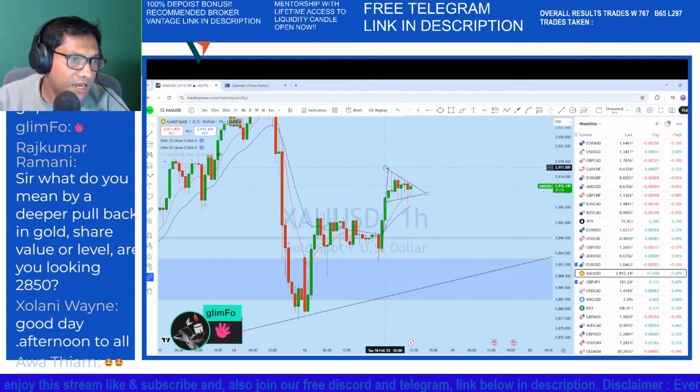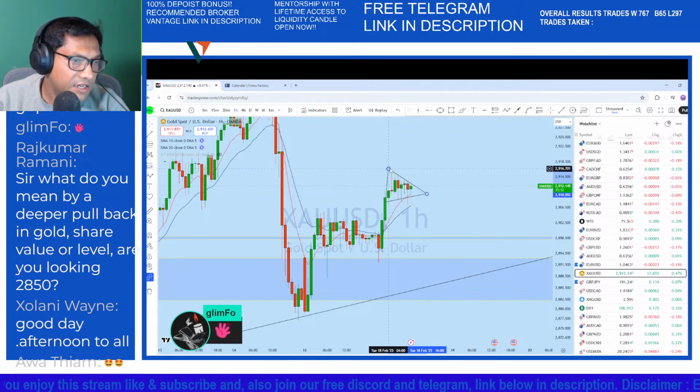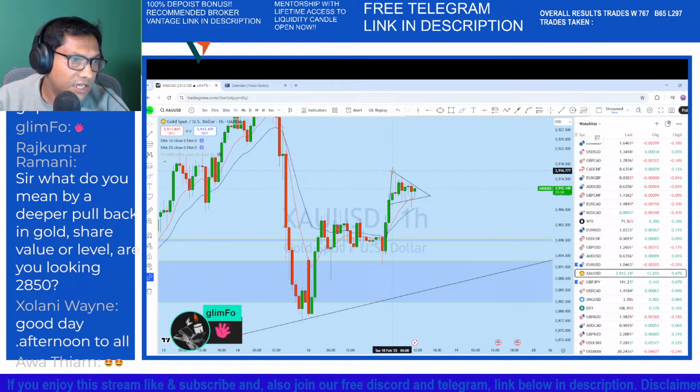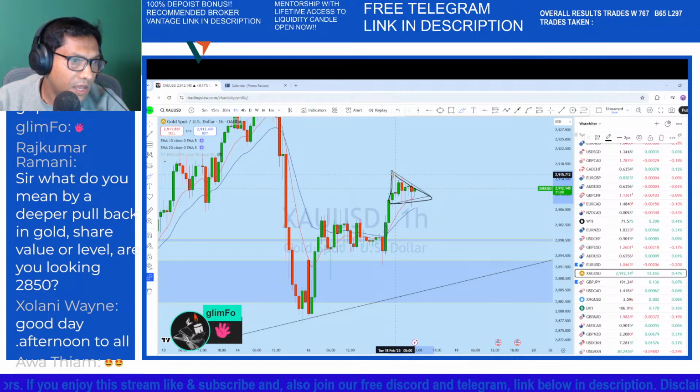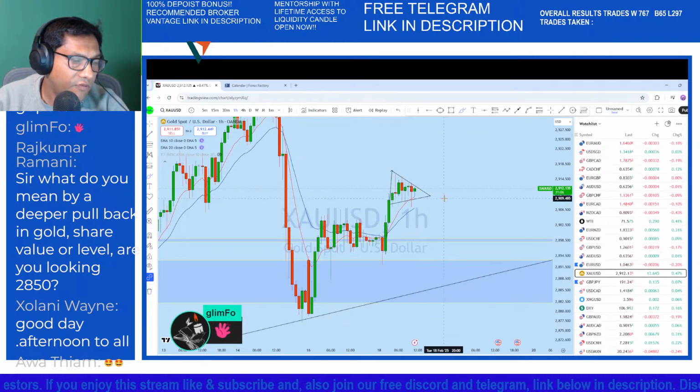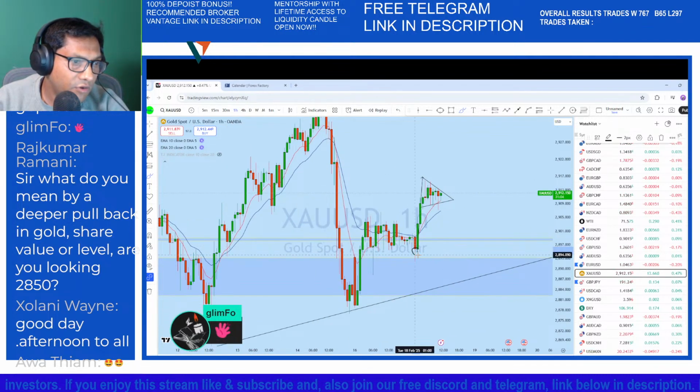And as this market formed that pattern, this is a triangle, okay, and with this triangle formation from this support level, a strong bounce, and there is a triangle formation.